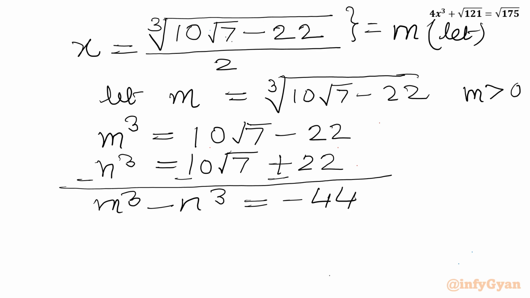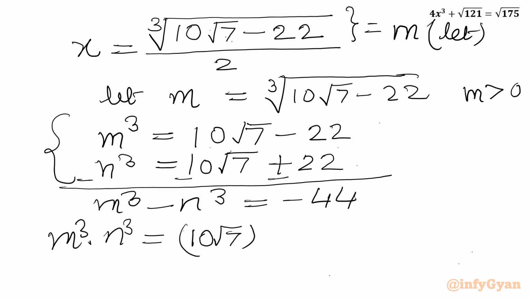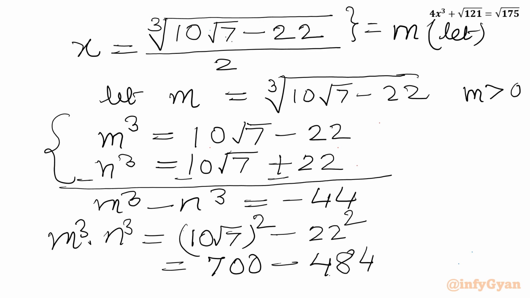Now I will consider product of these two. So m cube times n cube equal to 10 root 7 minus 22 times 10 root 7 plus 22. So let us apply the difference of two squares directly. Now 10 root 7 whole square is 100 times 7, 700 minus 22 square is 484.